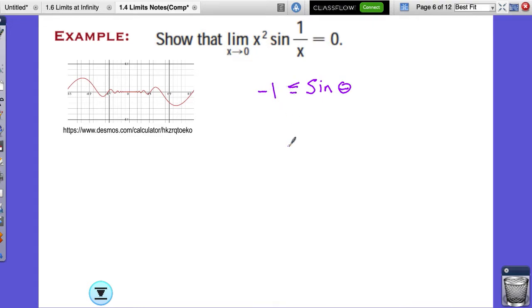-1, right? And the highest it ever goes is +1. True, yes, that inequality is true.